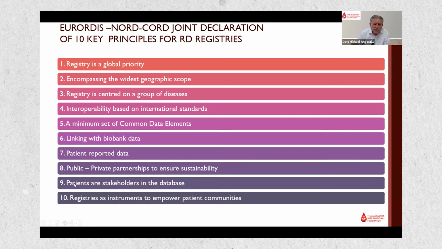Patients are an active stakeholder in this database. No patient is on it without his consent. And patients and registries are instruments not only to empower policymakers and people planning services, but also the patient communities themselves. So we all have a share in developing a registry.